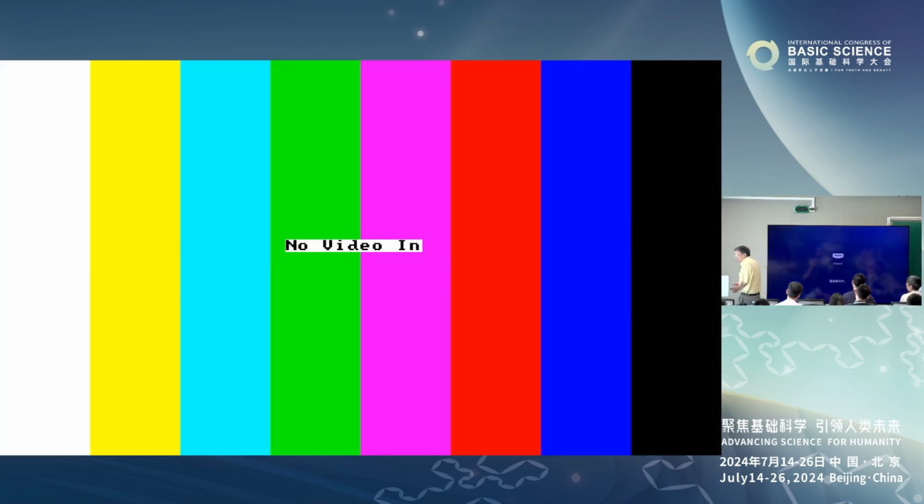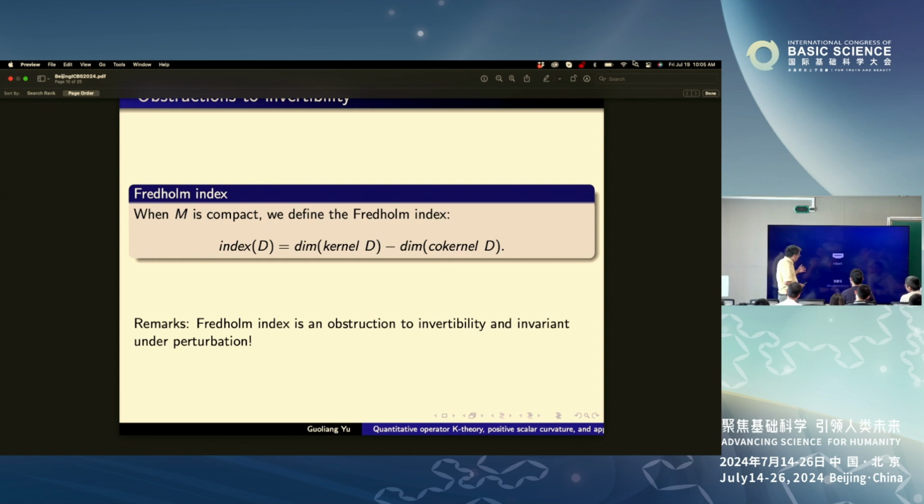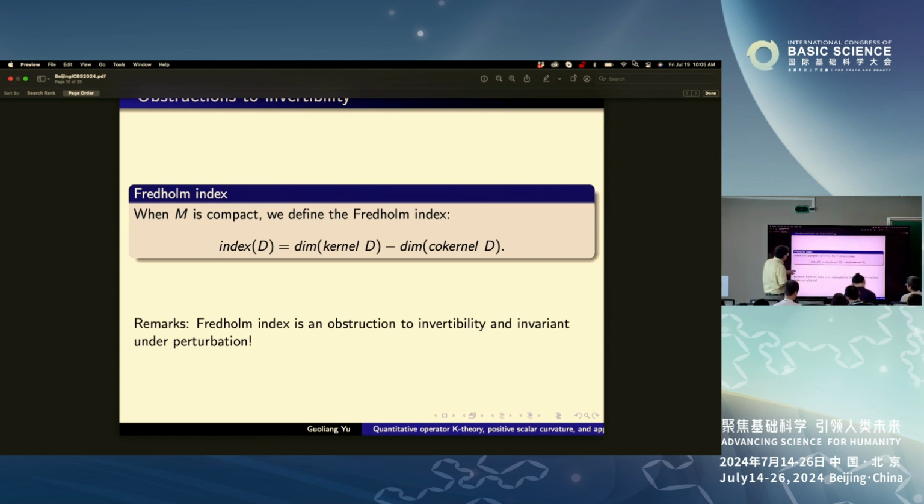Sorry, it's a complete invariant only if this invariant makes sense. To make sense of it, we are assuming a finite dimensional kernel and co-kernel. Luckily, when the manifold is compact, it is finite dimensional, so this makes sense.